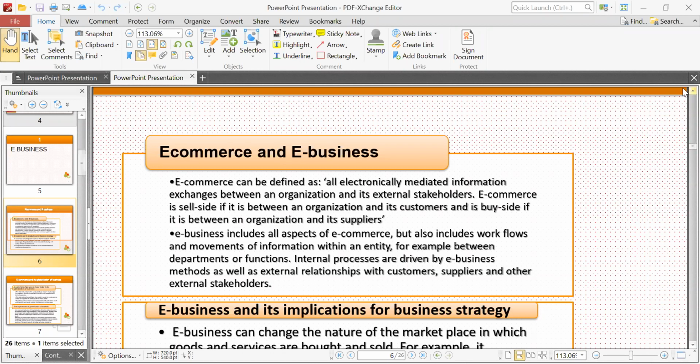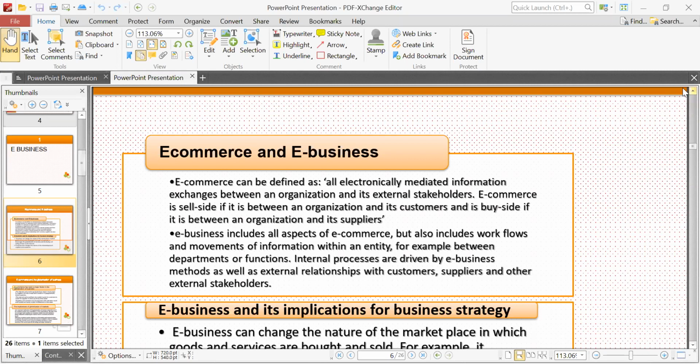With e-business, you're looking at information or workflow movements within the entity, for example between departments or functions. That is a way to think about it.